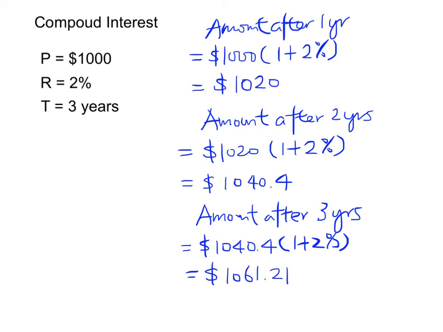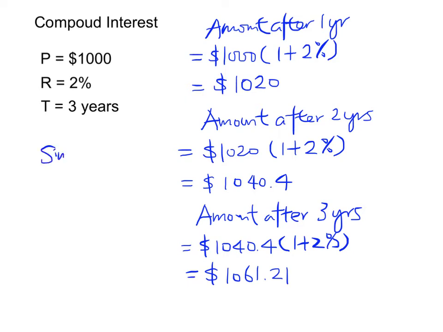This is $1,061.21. And actually, you can see that for compound interest, you have an interest of $61.21. And this is a bit more than the simple interest method. We can easily find this out by using the simple interest formula again.